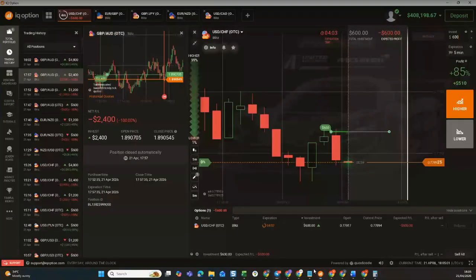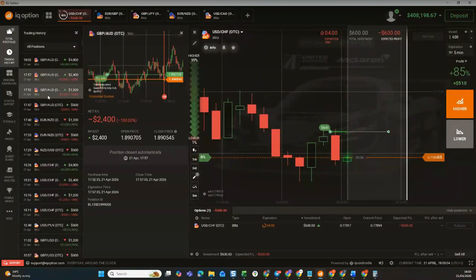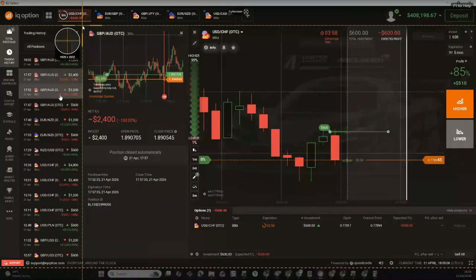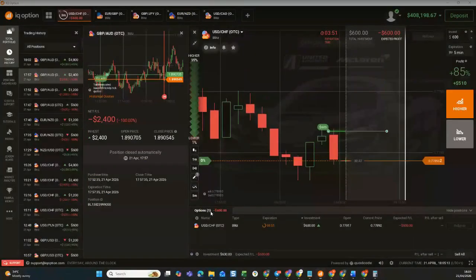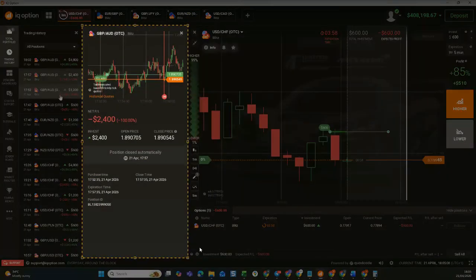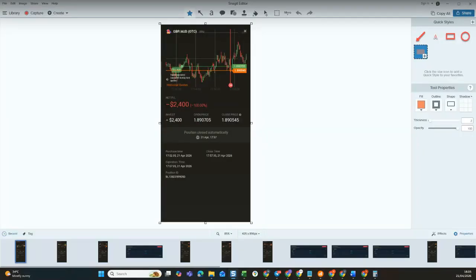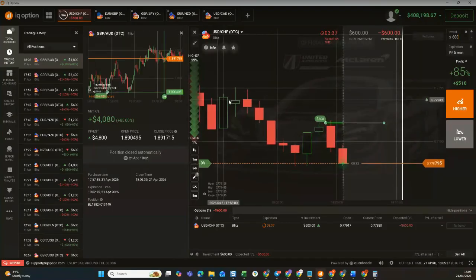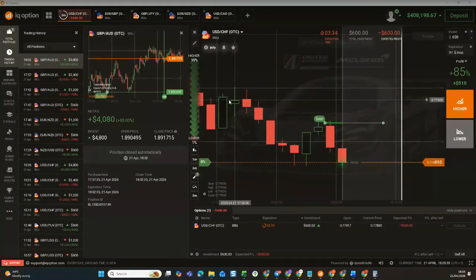The third entry. So the fourth entry, which is the final, that was the last martingale that we took earlier. This one.